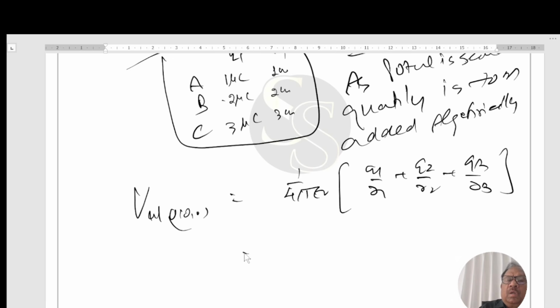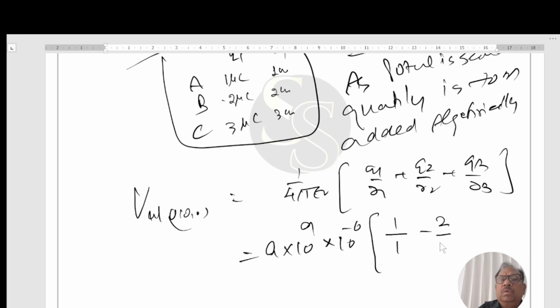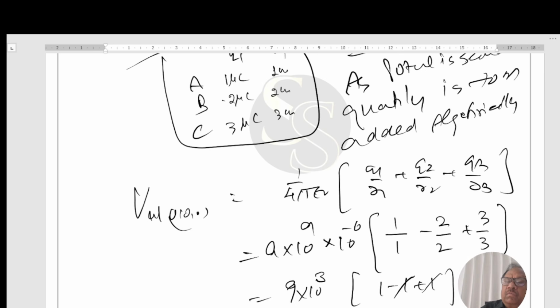Further, 9 into 10 to the power 9 into 10 to the power minus 6. कॉमन ले लिया इधर से, माइक्रोकूलम को इसमें कन्वर्ट किया, तो 1 upon 1 minus 2 upon 2 plus 3 upon 3, that is 9 into 10 to the power 3. ये कट कटा के क्या आएगा, 1 minus 1 plus 1, that is 1.